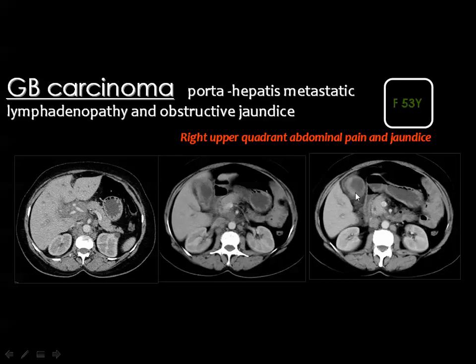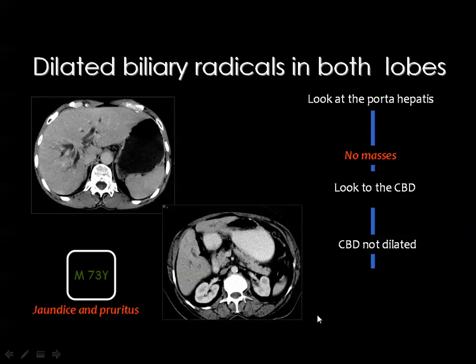And this is the case of gallbladder carcinoma, with masses in the region of the gallbladder representing metastatic lymphadenopathy, and you see in the liver dilated biliary radicals. And then you got the site of obstruction and the cause of obstruction. The site is the porta hepatis, and the cause is metastatic lymphadenopathy from gallbladder cancer.